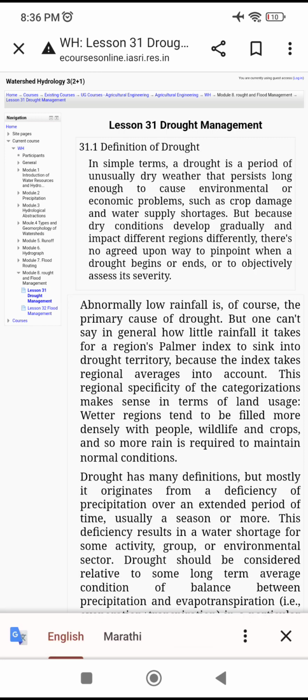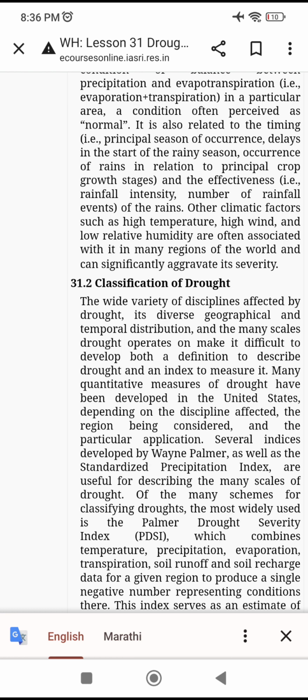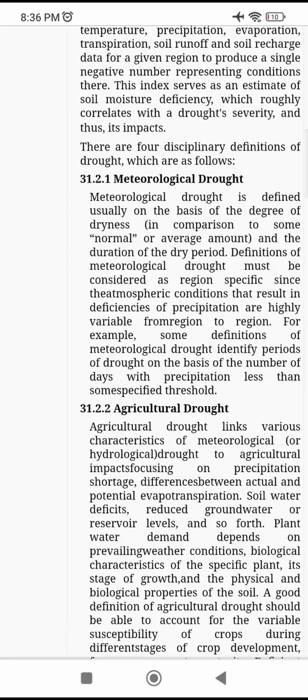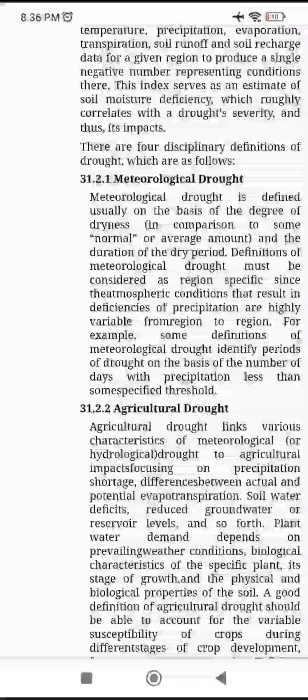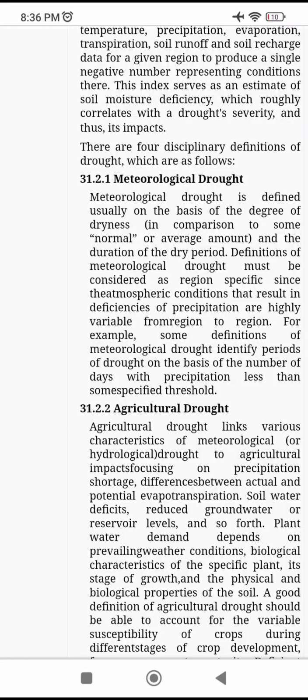Now drought management. So in this case, see, classification of droughts you should know. Again I am telling, this is an important topic from exam point of view. What are different types of drought and what is the definition of particular drought. So meteorological drought is defined usually on the basis of degree of dryness and the duration of dry period.